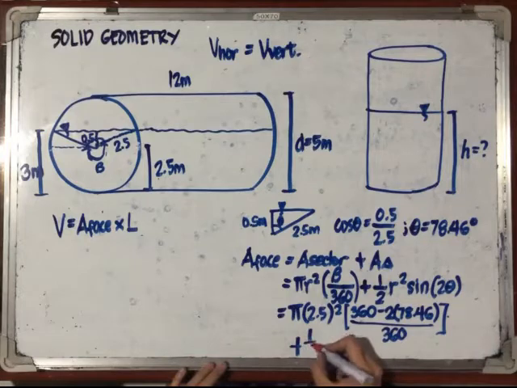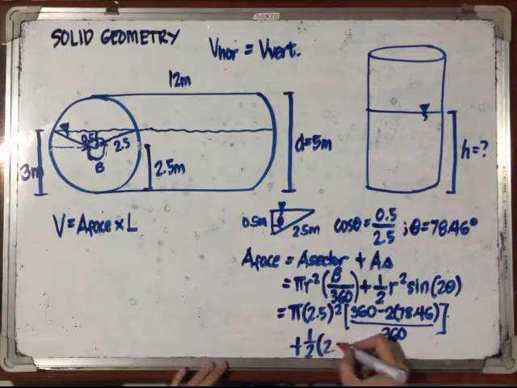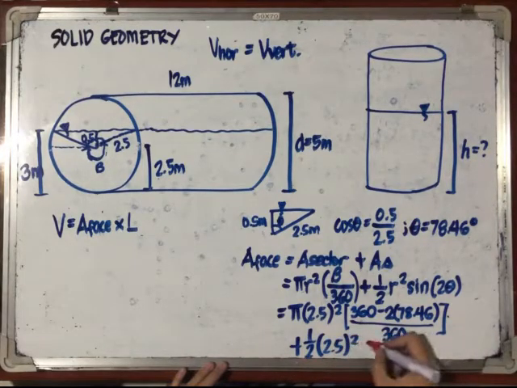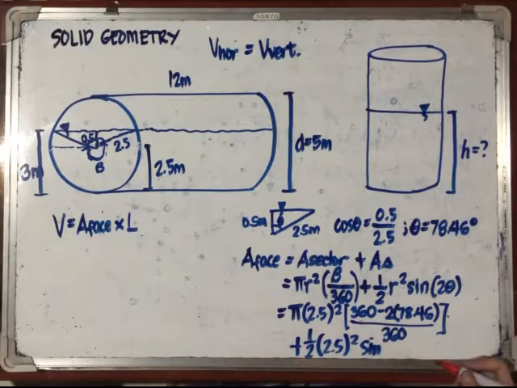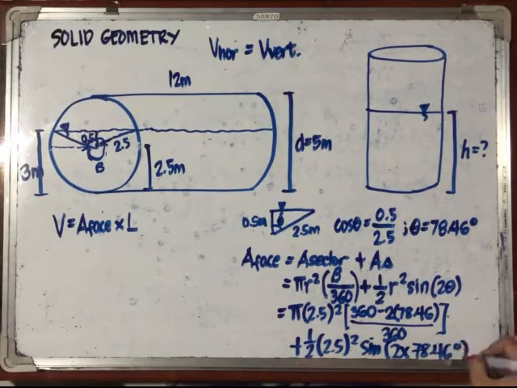Plus your 1/2 r, which is 2.5 squared, times sine of 2 times 78.46 degrees. Okay, that would be how much?